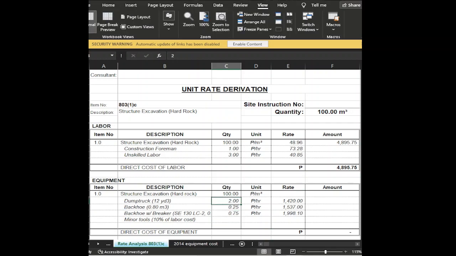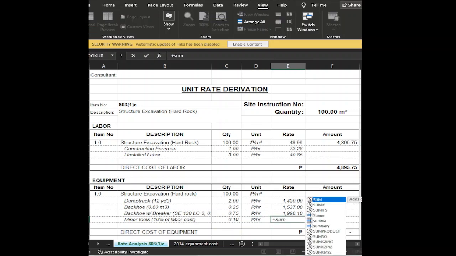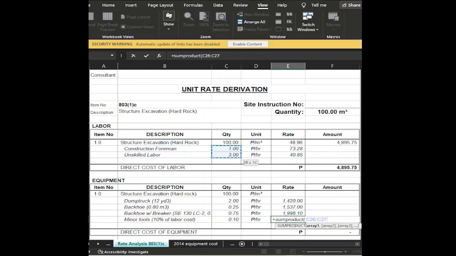So this is 0.75, and the minor tools is 10% of the labor cost, 0.1. Then this is the sum product of this one.